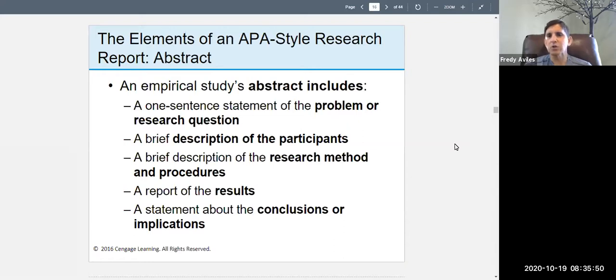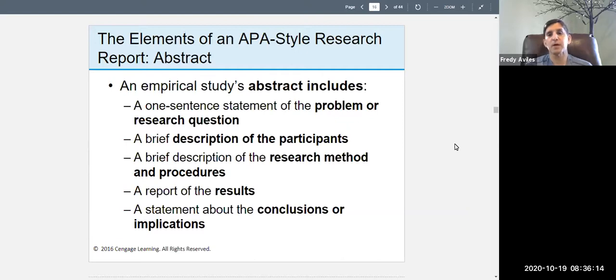But the abstract includes, for instance, a one-sentence statement about the problem or the research question. Something like, this particular study sought to do this and this, okay? Something like that. Brief description of the participants. Participants included 60 individuals from Antelope Valley College.